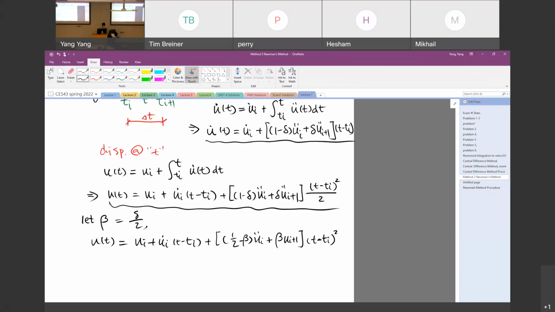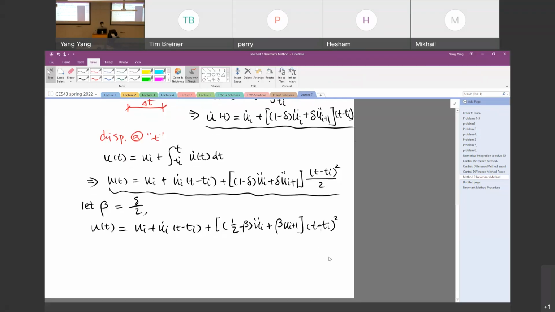Sometimes the Newmark method is also called the Newmark beta method, because we introduced a pre-selected number beta.